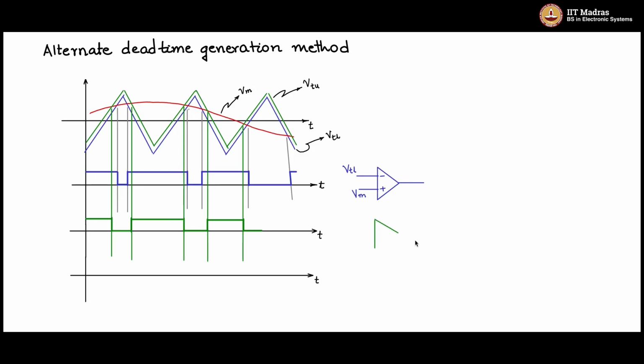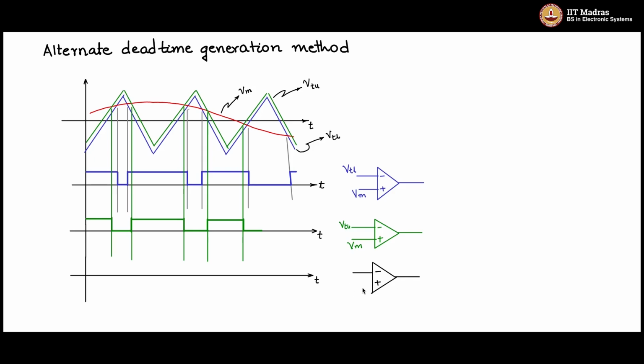This PWM waveform is coming from Vm at the plus and V triangle upper at the minus. So this will be this one, this green pulse width modulation wave pattern. Let me draw the third comparator, plus and minus.